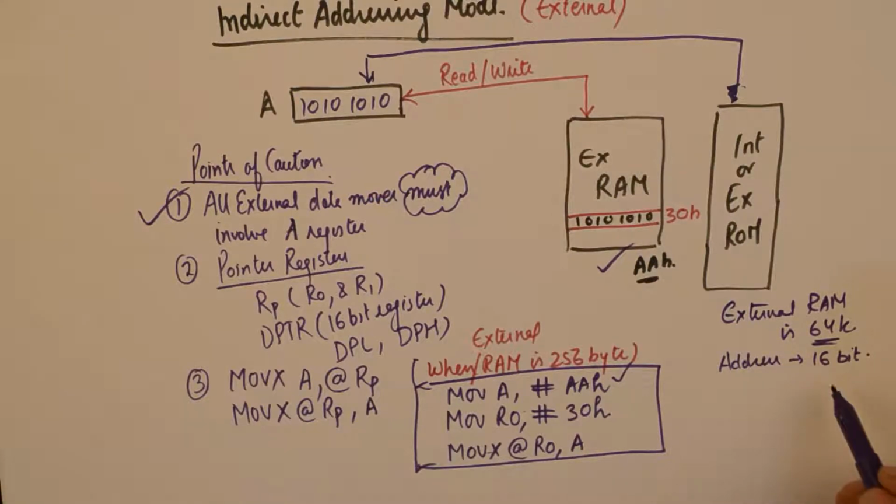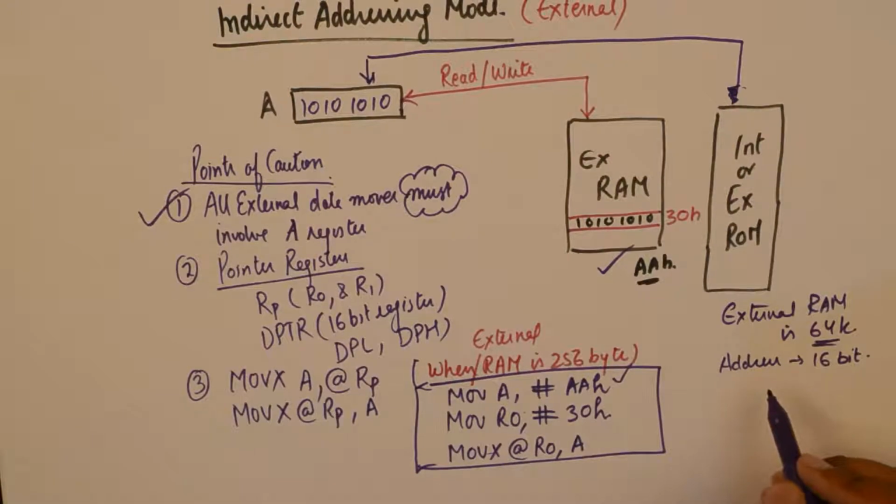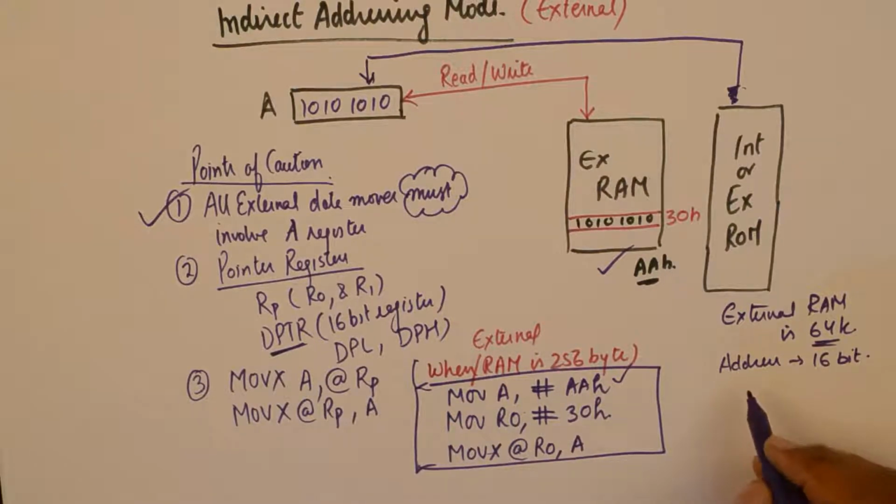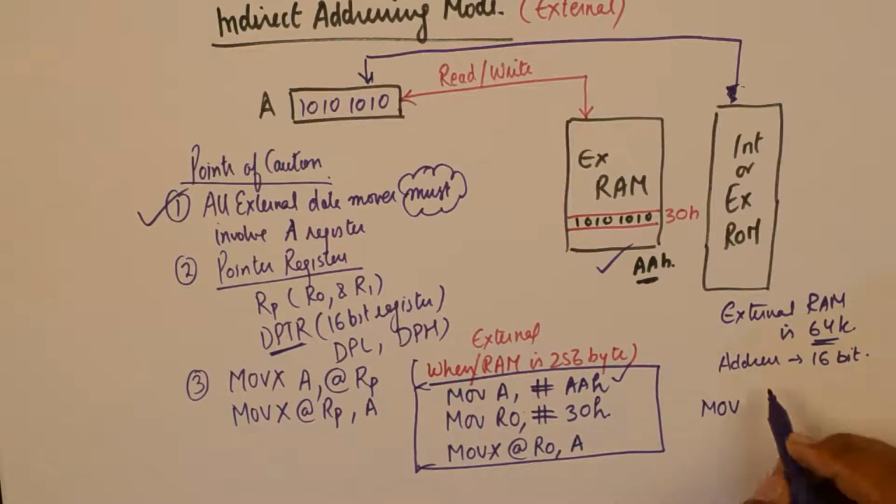I highly recommend watching the video where I explain how to calculate the address bus or the number of address lines in any memory, because a 64K external RAM would have 16-bit address bus. So I'm assuming that you know this, and when we need to send the data to some 16-bit address, then we must take help of DPTR, and for that we have an instruction MOVX.